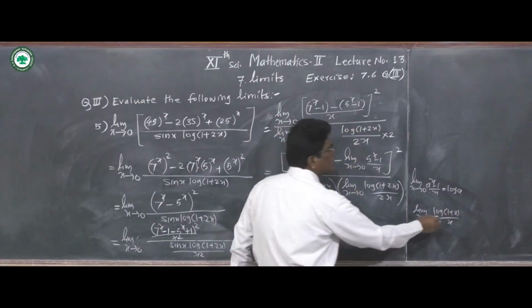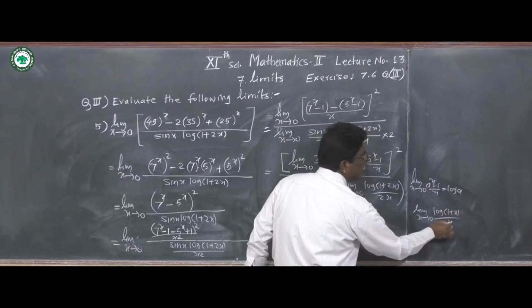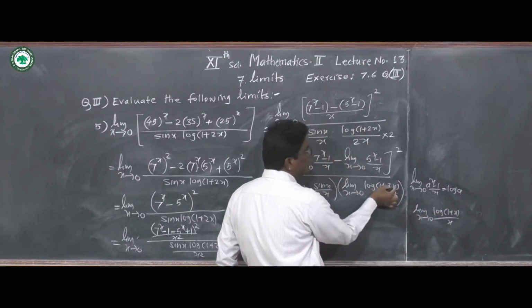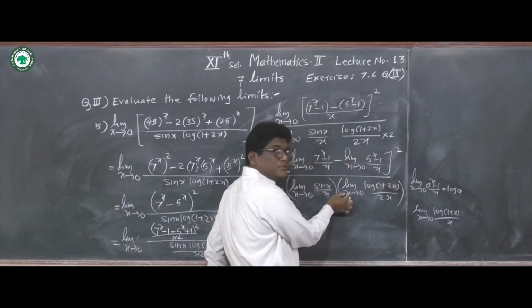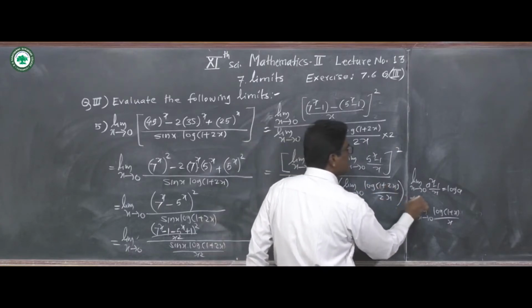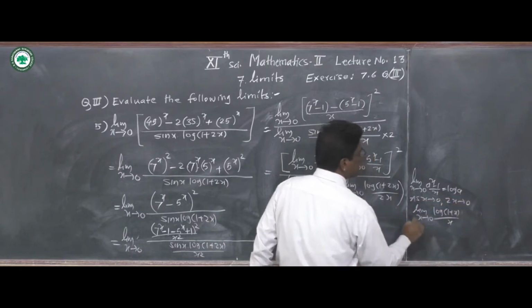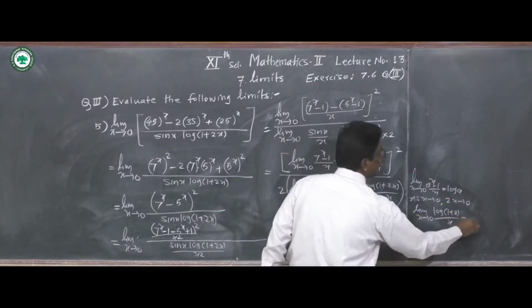Now here, if there is x, divided by x, that x tends to 0. This x tends to 0, but here 2x, so 2x should tend to 0. Now as x tends to 0, 2x also tends to 0, and use this formula. This is equal to 1.